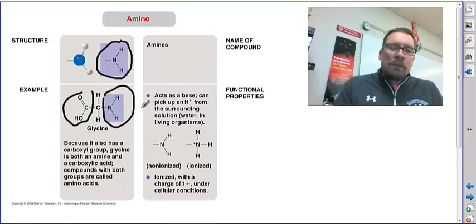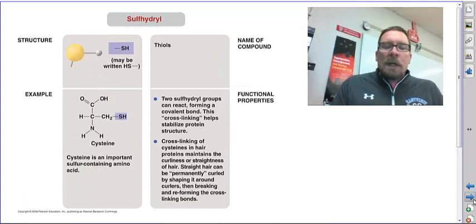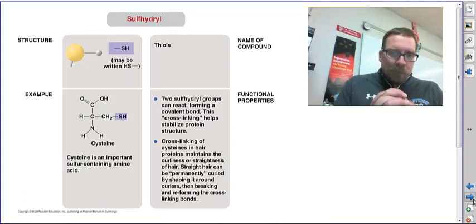Very true. And what we'll also see when we talk about proteins is this allows for a dehydration synthesis reaction that forms a peptide bond to put those amino acids together, and then gives wide diversity of the function of proteins. Sulfhydryl groups are great for cross-linking.